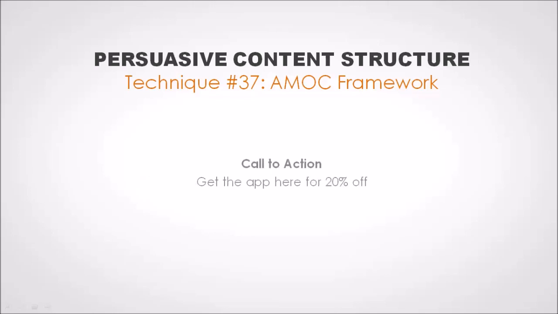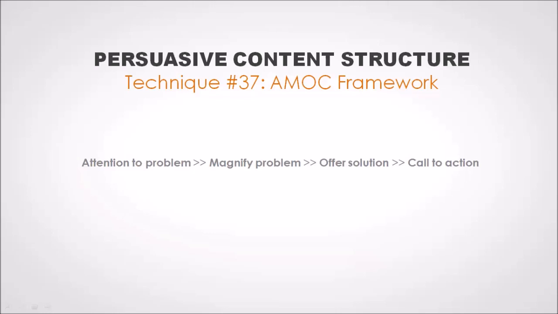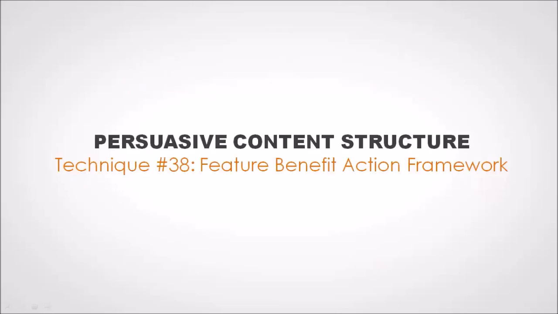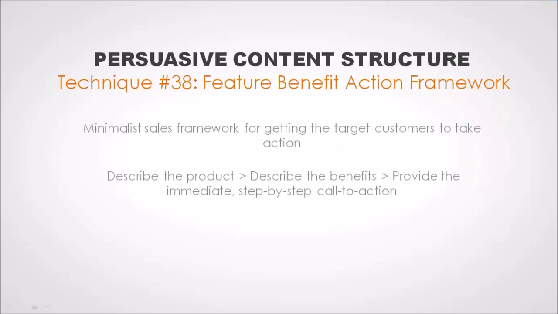Finally, we give the call to action for them to get more help in solving the problem. Now, you can get the app here for 20% off. So, attention to problem, magnify problem, offer solution, call to action. I want to mention that this is a really minimalistic example. Ideally, you want to include a lot of quality information in the offer solution portion of this framework to build trust.